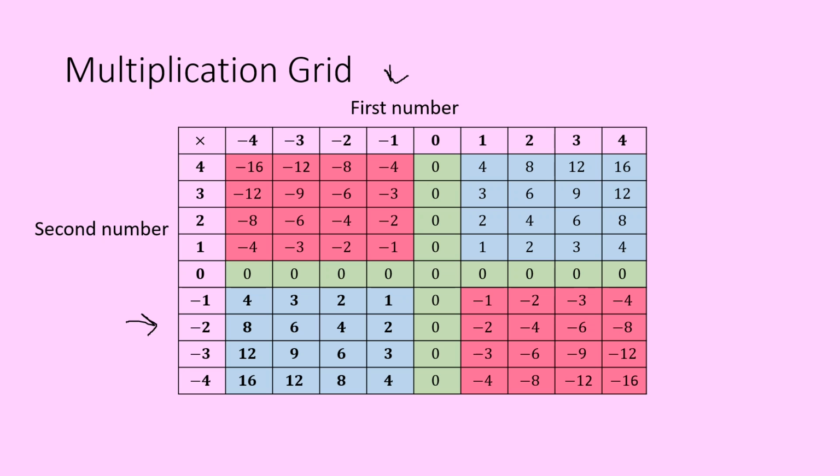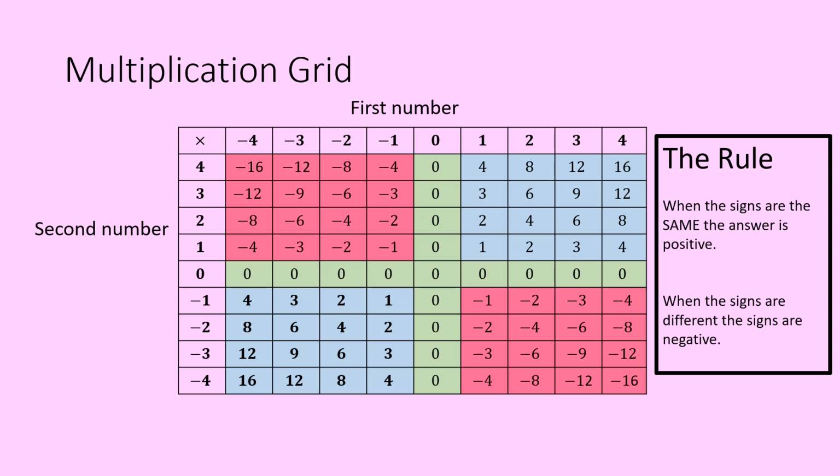So there are lots of patterns that we've spotted in this multiplication grid. We've spotted that we had the blue sections, which give us positive answers. We spotted that the red sections giving us negative answers, and we spotted the green sections giving us 0 as an answer. So how can we make a rule that we can use to help us with multiplication?